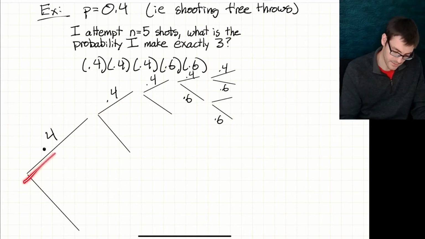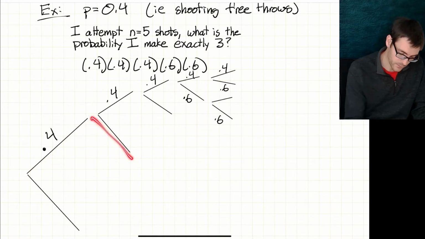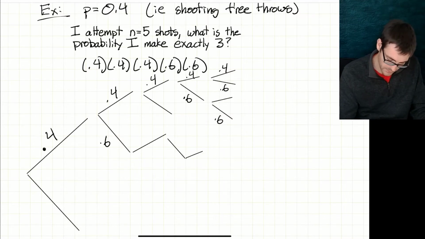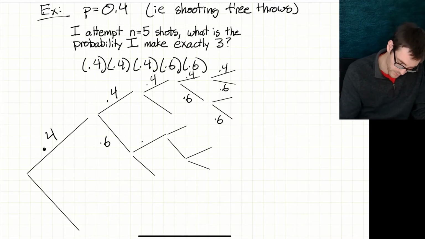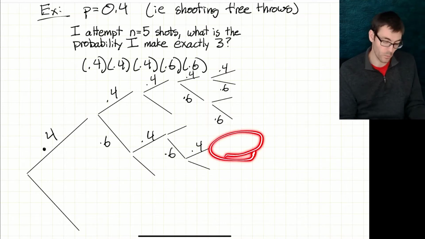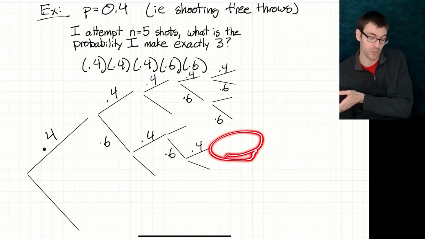Let's say that I succeeded and then failed, so a 0.6 here, and then succeeded and then failed and then succeeded. So I'm only drawing part of this tree, but hopefully you can get the picture. So 0.6, 0.4, 0.6, 0.4. All right, so this node here is another situation in which I've made exactly 3 of the shots.